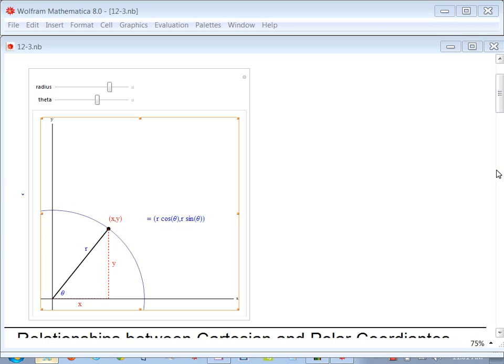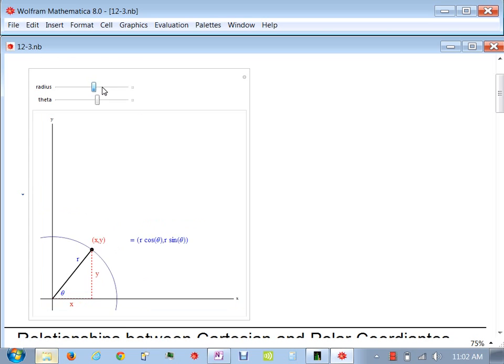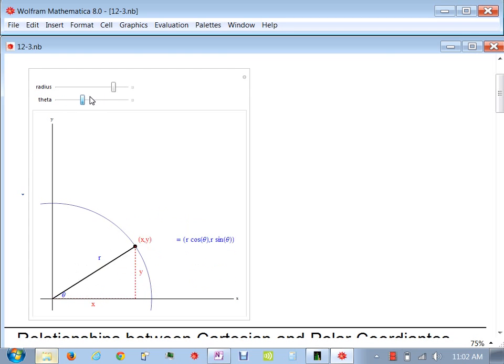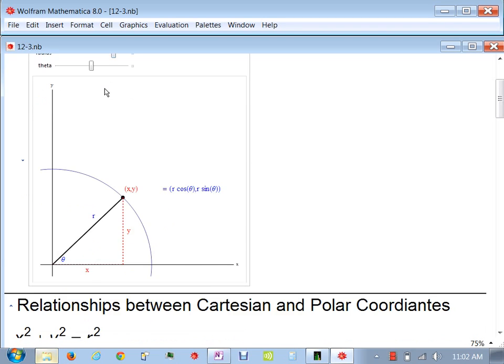Instead of going out X and going up Y, you rotate by some angle theta, and then you walk out a certain distance. So if I change my radius, of course, I go out further, come back in. And if I change my theta, I go around that part of the circle. Okay, so that was the idea. It's just a different way of looking at this.